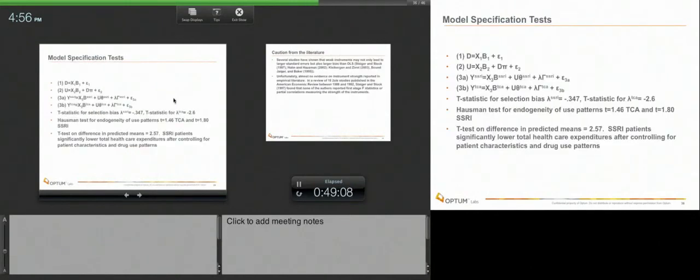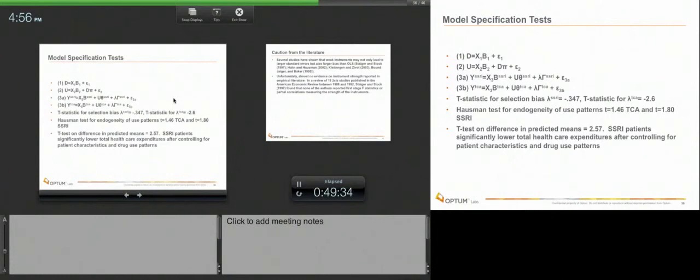So the upshot was that we did find selection, but we found it with the tricyclic group and not with the SSRI group. I think the reason was that tricyclics carry suicidality potential, so people could take them to commit suicide. They're dosing specific.